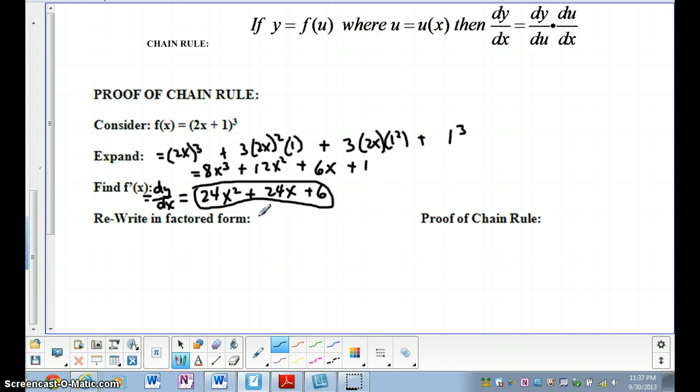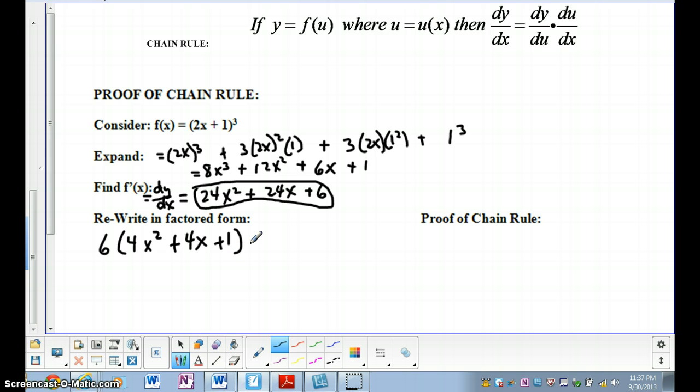The first thing I want to do is look at how to rewrite that in factor form. It'll show you more clearly that our chain rule is going to work the same way. So if we rewrite this in factor form, we can factor out a 6 first, and that will leave us with 4x squared plus 4x plus 1.